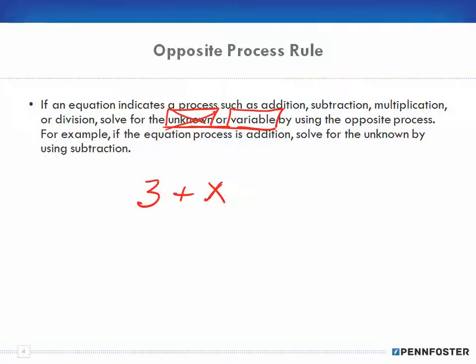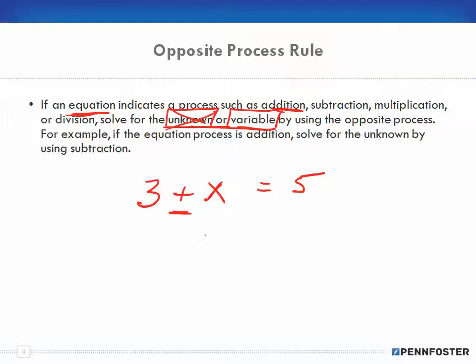If I have 3 plus x and that's equal to, say, 5, this is an equation. If an equation indicates a process such as addition, which it is, adding 3 plus something equal to 5, then we solve for the variable or the unknown by using the opposite process. What does that mean?